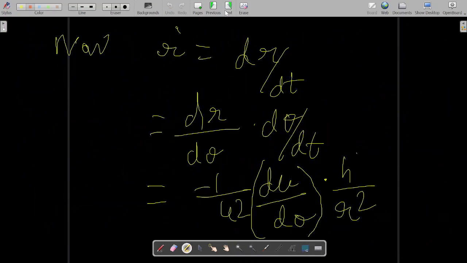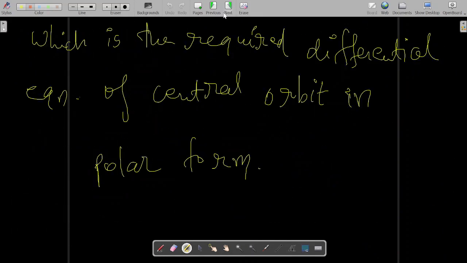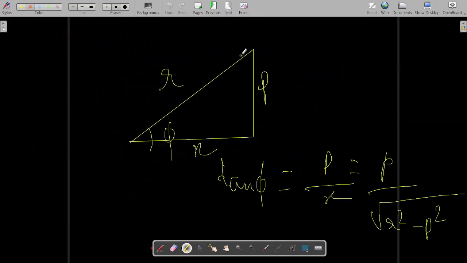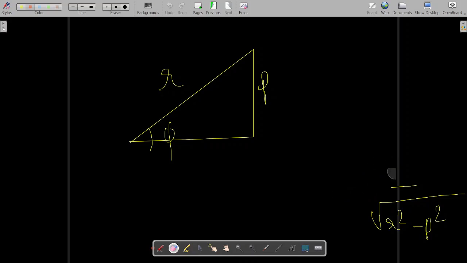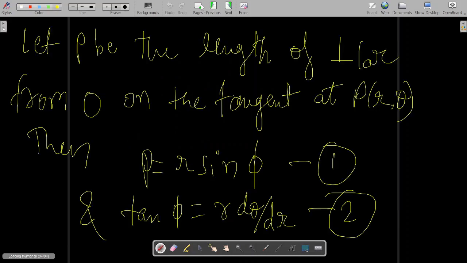So we need not go into the derivation of that. We will directly write this. Let's not go into the derivation of that. As already told to you, this equation 2, R d theta by dr, has already been taught to you.